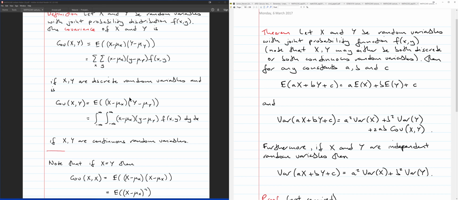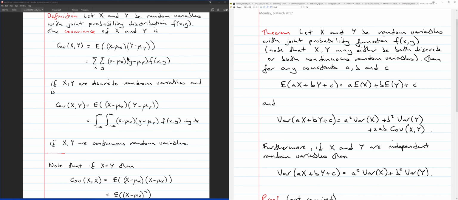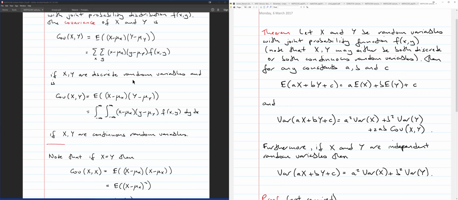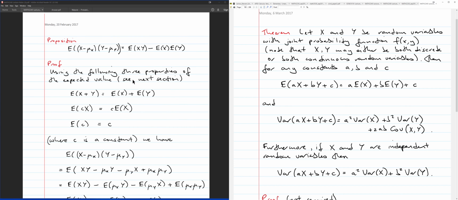Remember, this is our definition of covariance: the expected value of the product of x minus the mean of x times y minus the mean of y. This covariance of x and y we could alternatively write as the expected value of xy minus the expected value of x times the expected value of y.